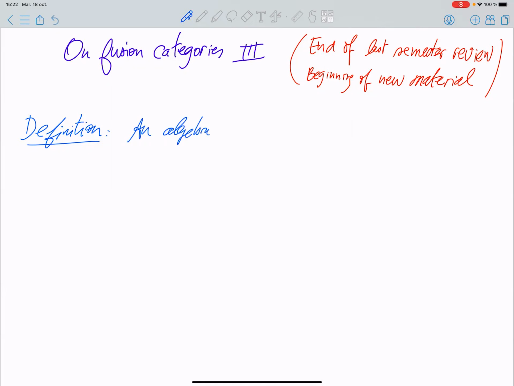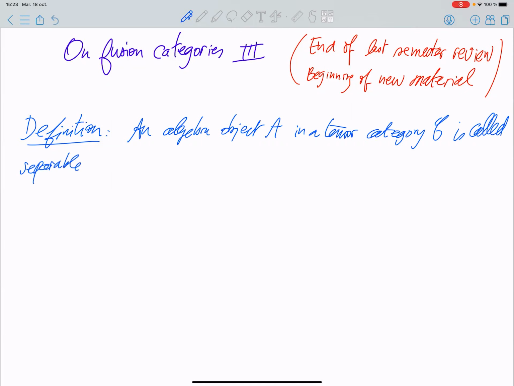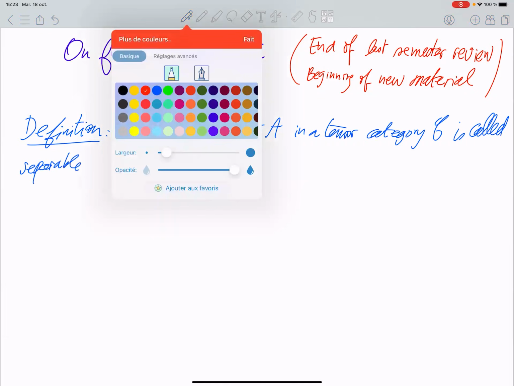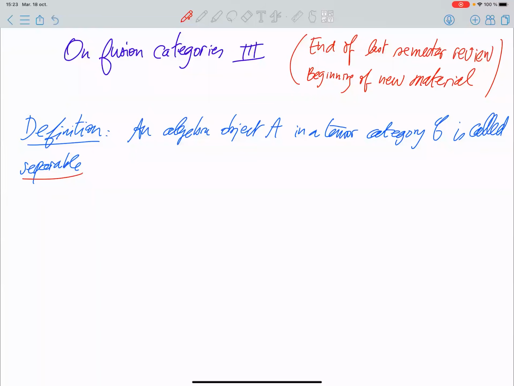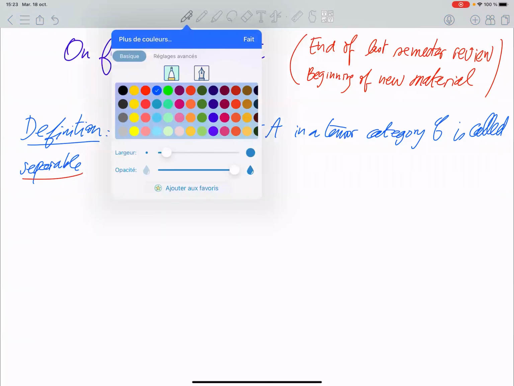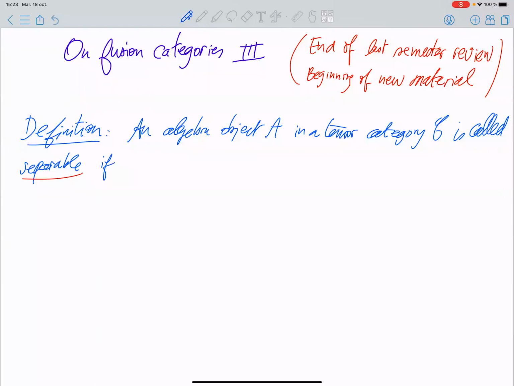So an algebra object A in a tensor category C is called separable if the multiplication morphism splits.